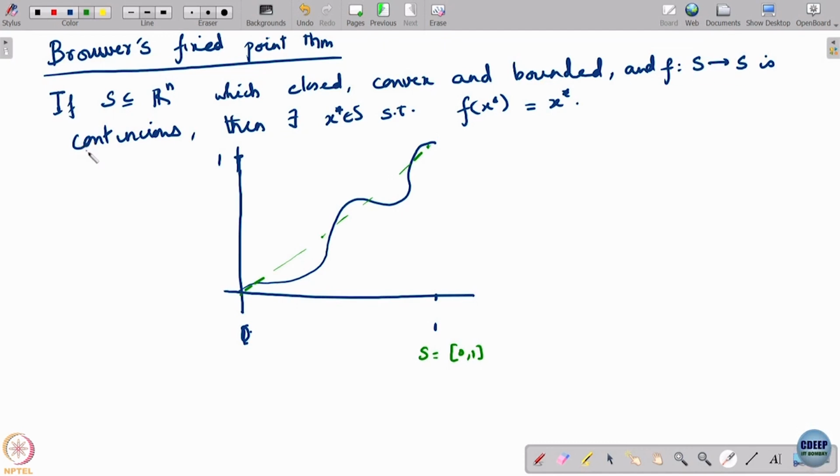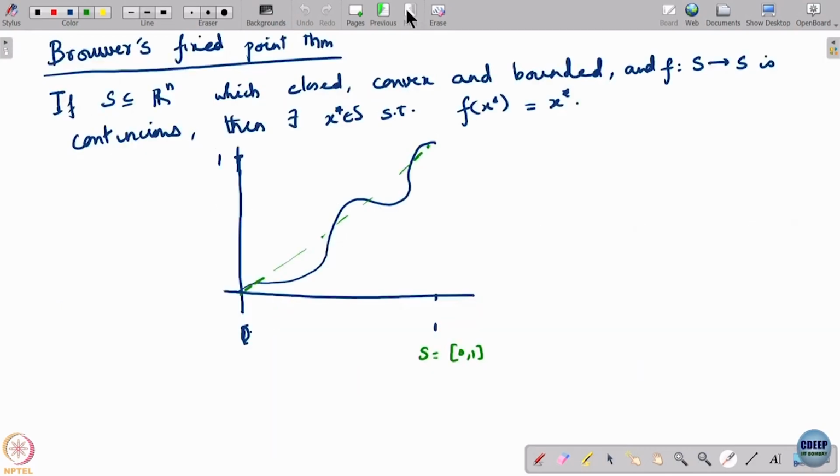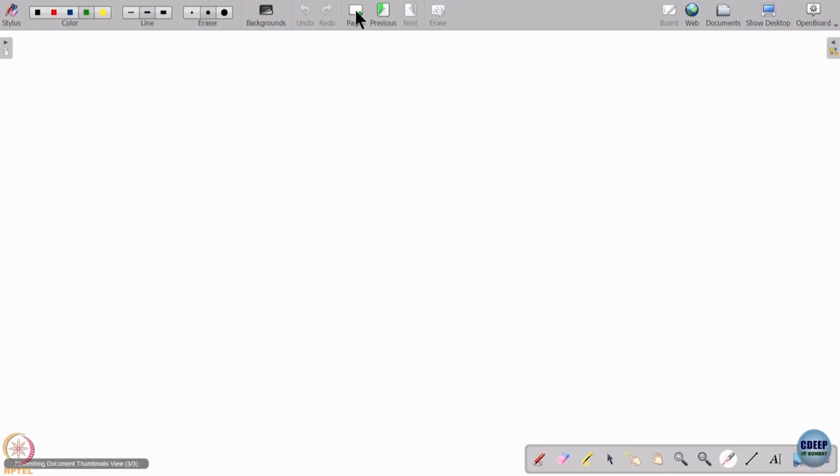Then it will always have a fixed point. Now what we will do is use this theorem to prove the existence of a Nash equilibrium in this setting. It is not very hard, so we can just quickly go through the argument. I will just sketch out the proof for the existence of Nash equilibrium.